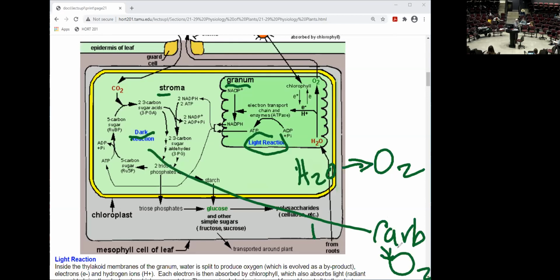So the light reaction and the dark reaction, two separate reactions, occur in two separate places at two separate times. But the light reaction occurs first.